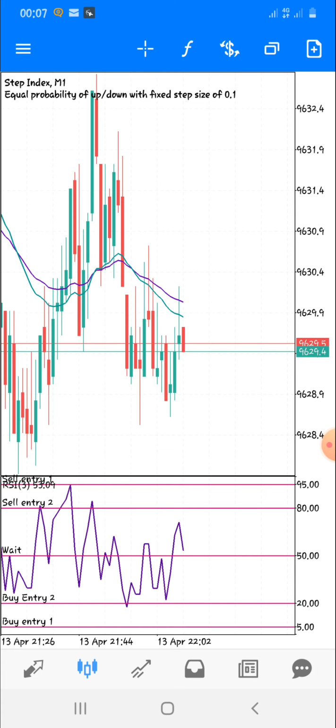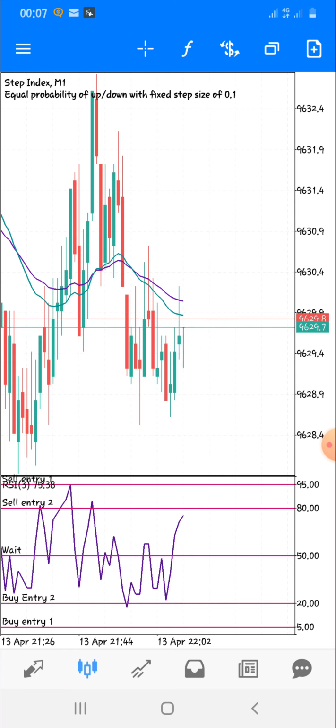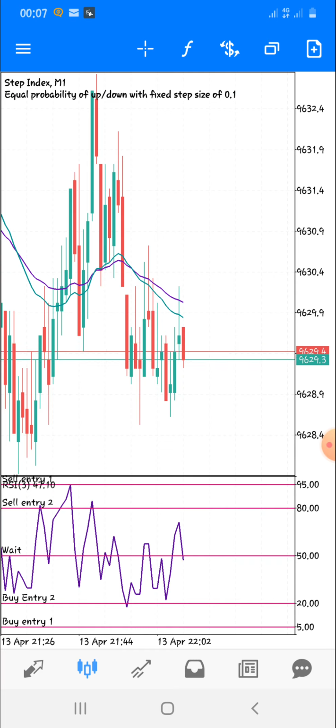It is because you have to know exactly where the trend is heading to. So it is very much advised that you know the pivot areas, the support and resistance levels, and also be able to identify the chart patterns.